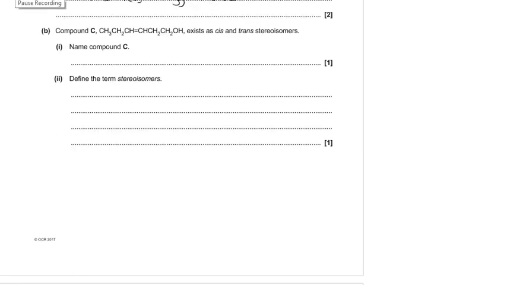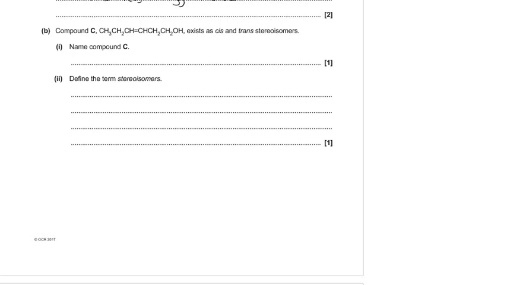Okay, so moving on to B, we're given a compound C, and we're given its structural formula, CH3, CH2, CH, double bond, CH, CH2, CH2, OH. And we're told it exists as cis and trans isomers.